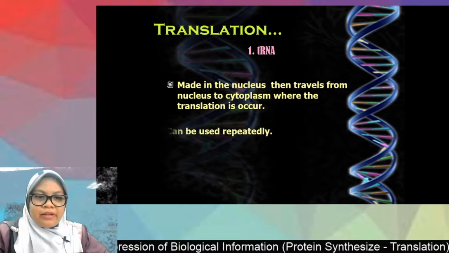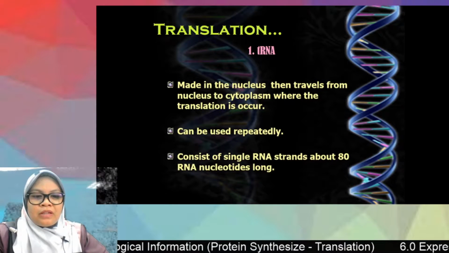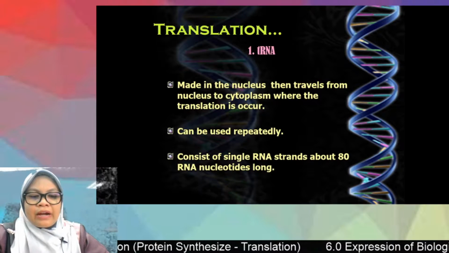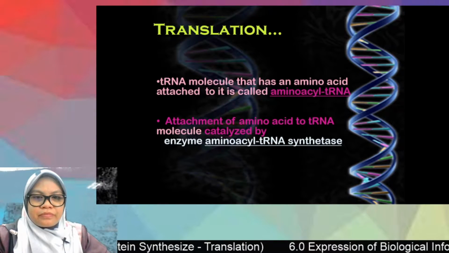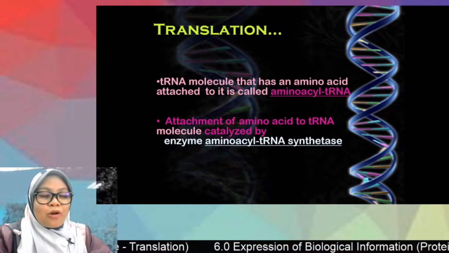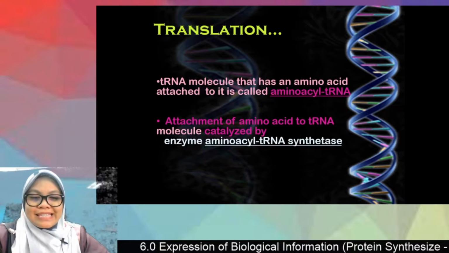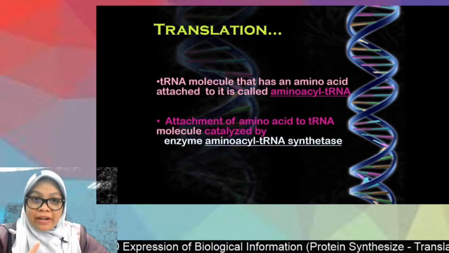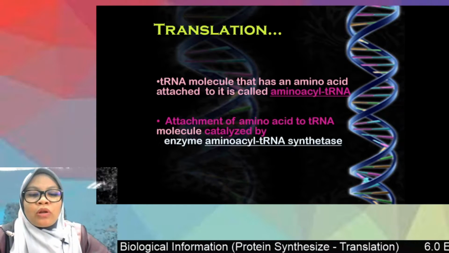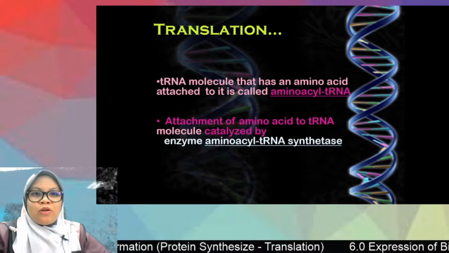So this tRNA can be used repeatedly. It consists of a single RNA strand about 80 RNA nucleotides long. The tRNA which is already bound to an amino acid, we call it aminoacyl tRNA.